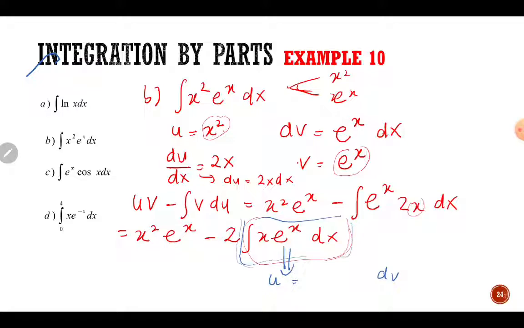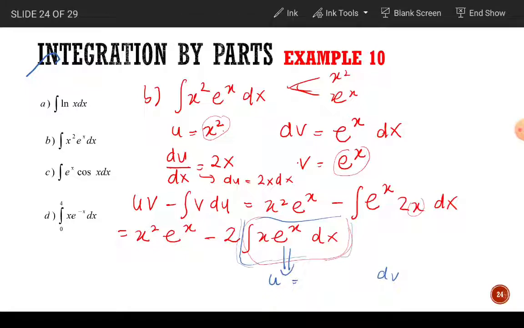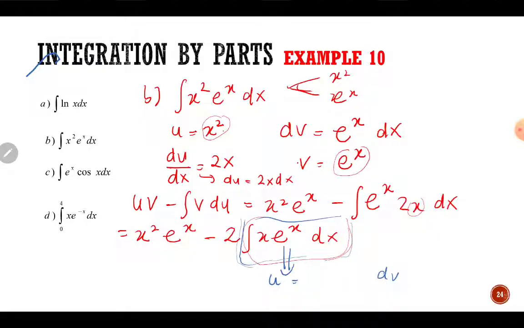Okay, you have to do one more time your integration by part, yang mana u is equals to x, dv sama dengan e to power of x. So dari sini du sama dengan dx and our v is equals to e to the power of x. Okay, so daripada situ x square e to the power of x yang lama ni saya bawa.